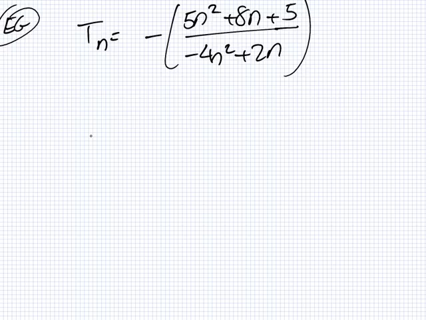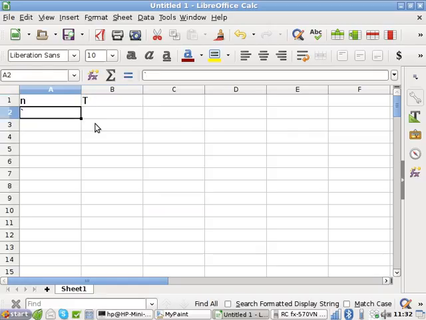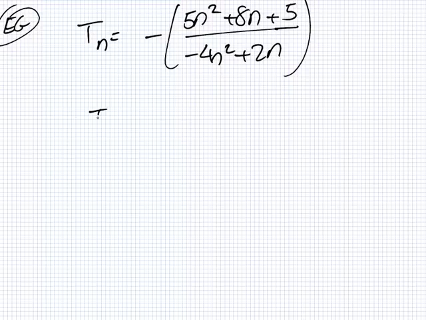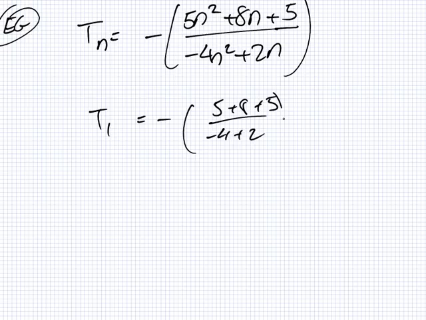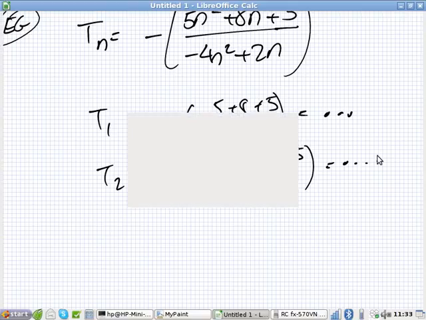Here is n and here is t. This is the first term, then second term, third, fourth, etc. Using my formula, t1 is minus 5 plus 8 plus 5 over minus 4 plus 2, which is some number. T2 is minus 5 times 2 squared plus 16 plus 5 over minus 4 times 2 squared plus 4, which is some number. So rather than do this, let me just type it in Excel, see what we get.